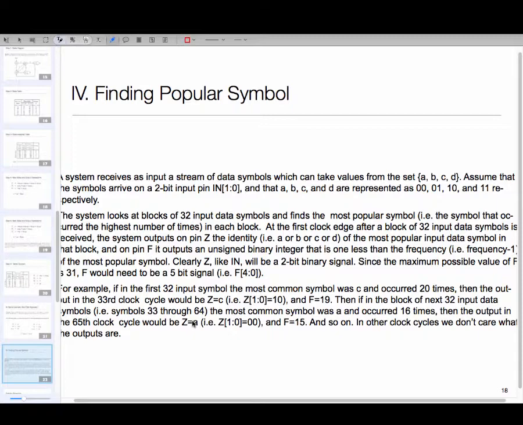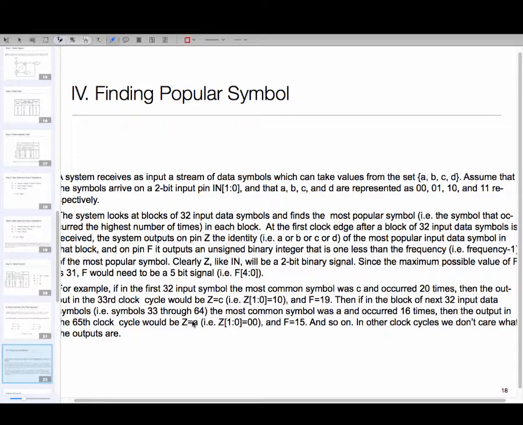What the system does is it looks at blocks of 32 data symbols and finds the most popular symbol, that is, the symbol that occurs the highest number of times. At the first clock edge after a block of 32 symbols is received, the system outputs on a pin Z the identity of the most popular data symbol, and on a pin F, the number of times that popular symbol occurred.